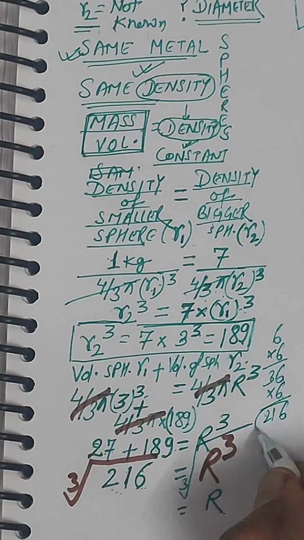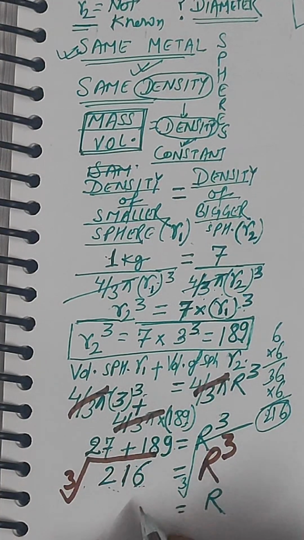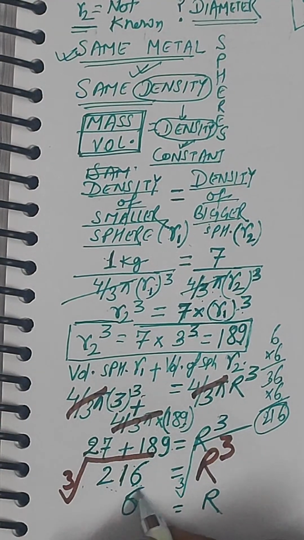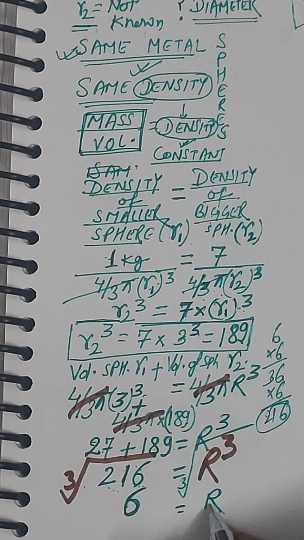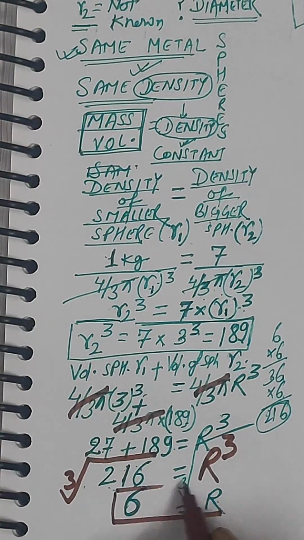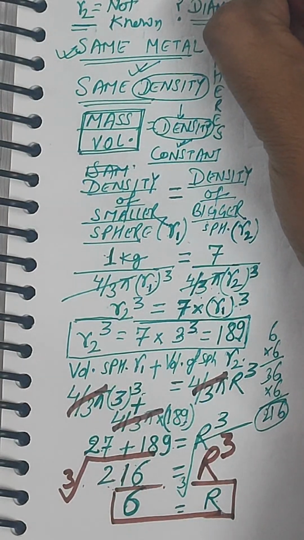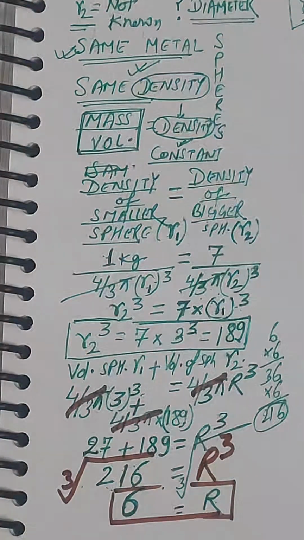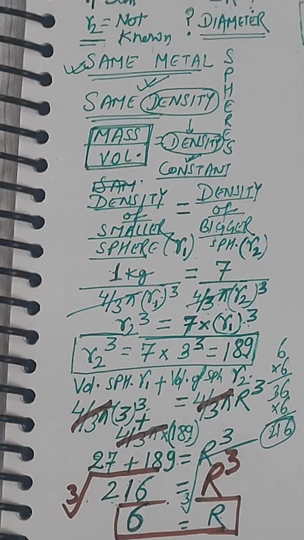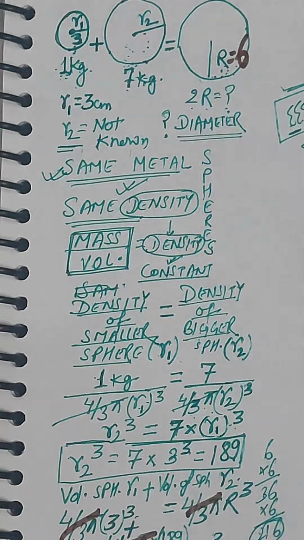It comes to 216. So the cubic root of 216 is nothing but 6. So the value of capital R is calculated as equal to 6.